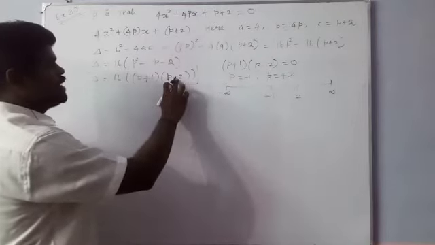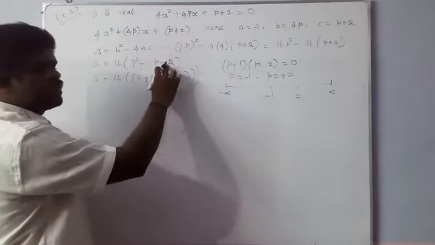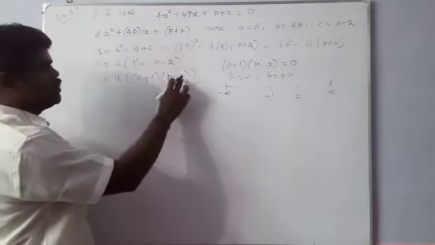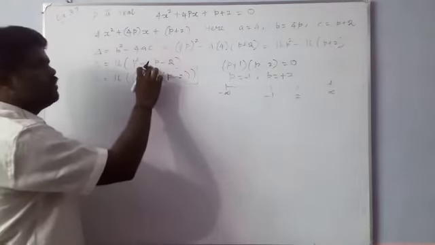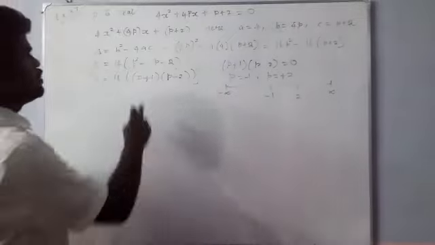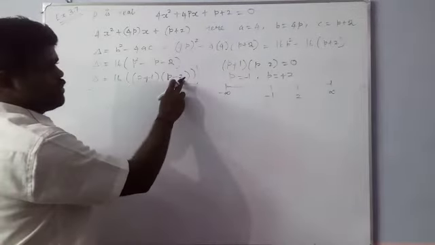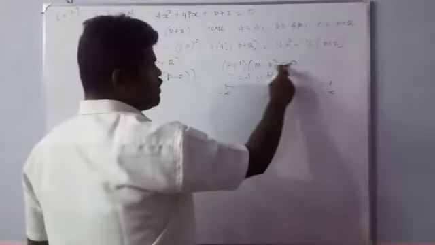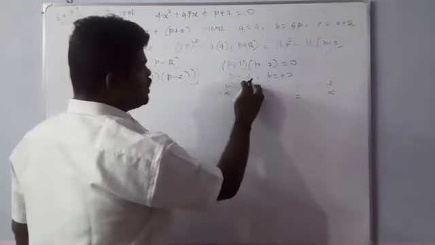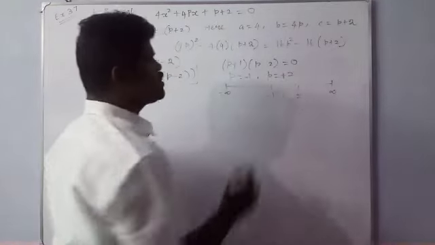Plus into minus, actually minus 2. But we have to subtract these two. The biggest number is minus 2. That's why it will come minus 1. So the roots are p plus 1 into p minus 2. Here p plus 1 into p minus 2 equal to 0. Now p equal to minus 1 and p equal to plus 2.